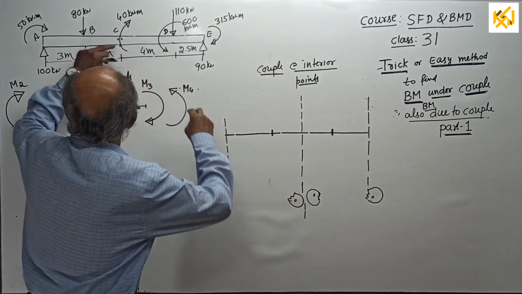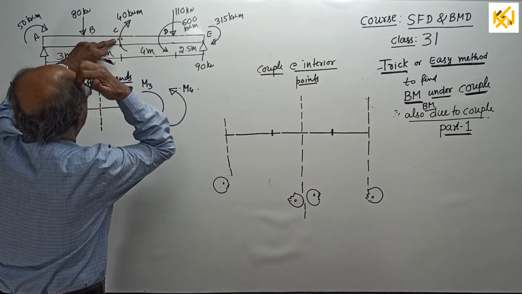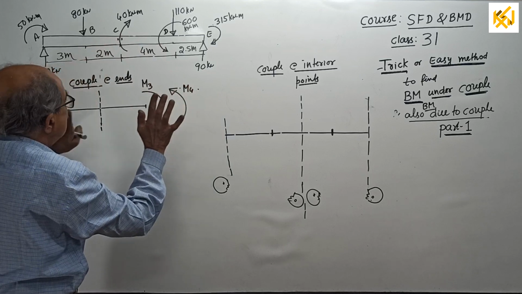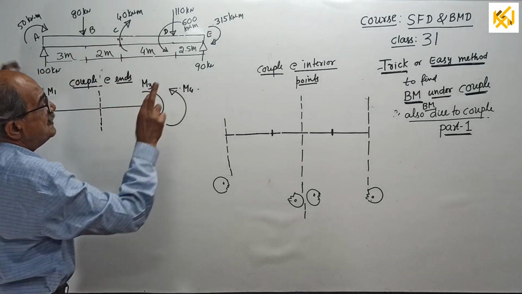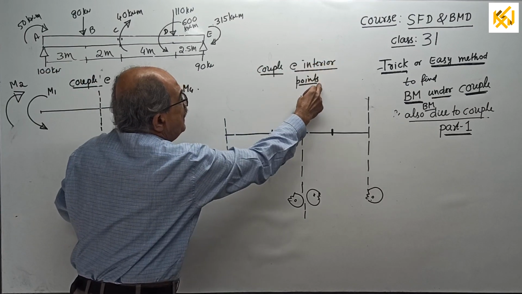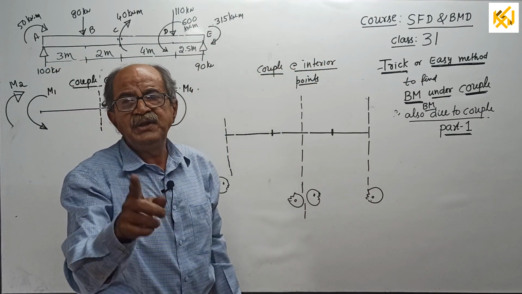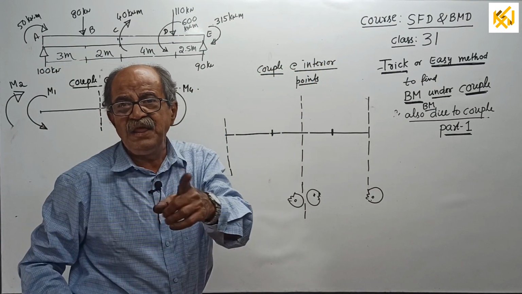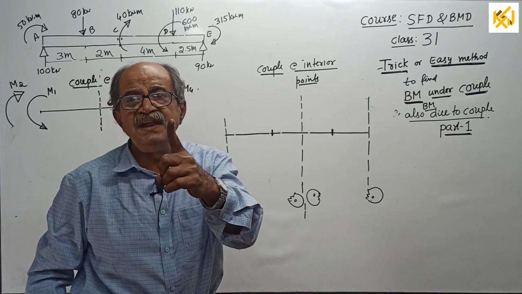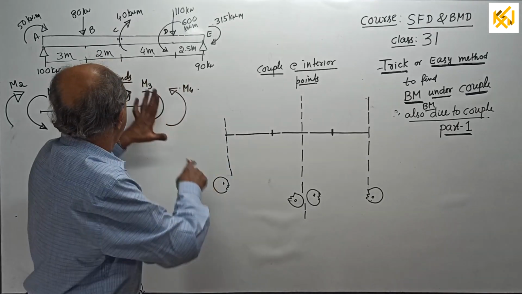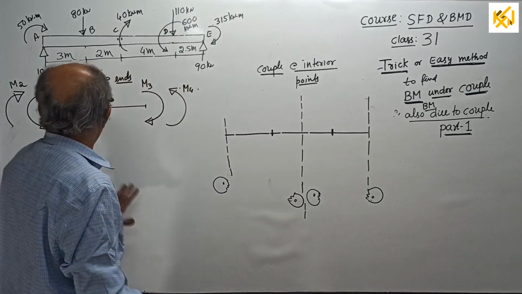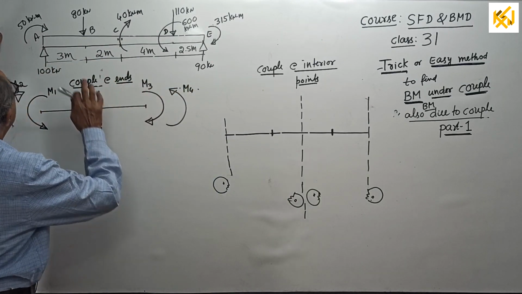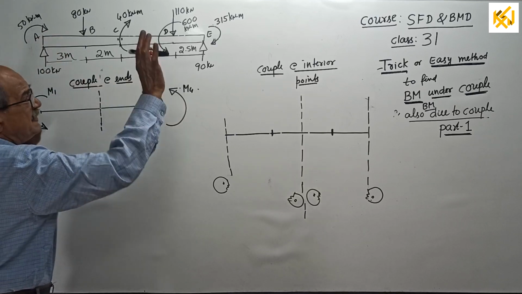Just now I told, this is confusion, I will avoid. First I will tell couples at the ends, then couples at interior points. See correctly what I am telling, you have to listen and remember. Go through this part 100 times if you want. End couple, let them give whatever they want. I will tell you.